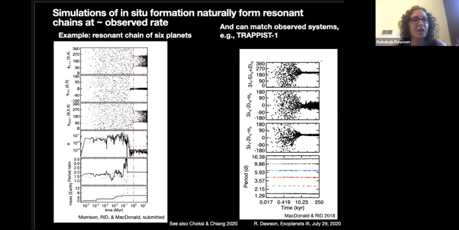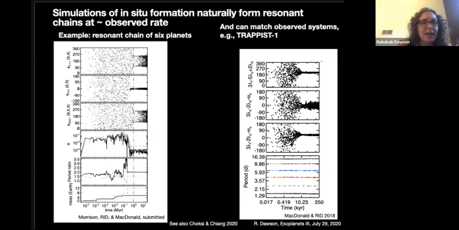We found that they actually do sometimes, at a rate that's consistent with what's observed when we take into account Kepler selection effects. On the left, I'm showing an example; the top three panels are those resonant angles, and you can see them lock into resonance over time, so that instead of sweeping through every value, they start to tightly oscillate.